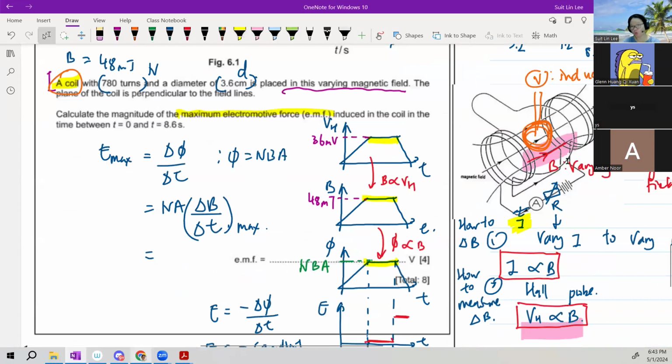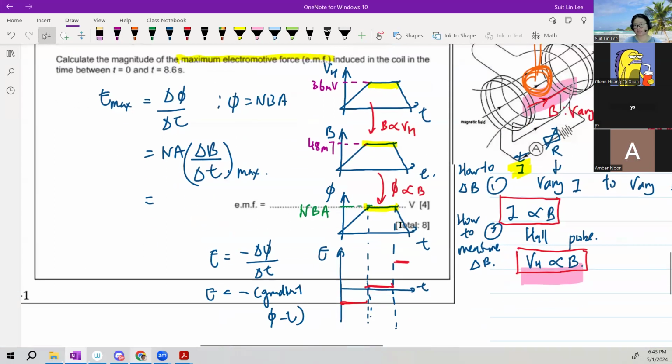How do I know there is a change in magnetic field if I don't know that the current is changing? Well, I have information about the changes in Hall voltage, which I can then use to deduce the change in magnetic flux density, B, and then deduce the change in magnetic flux linkage or magnetic flux, phi, and then deduce the induced EMF. Okay, so in short, the cause of the change in magnetic flux is a changing current in the coil.